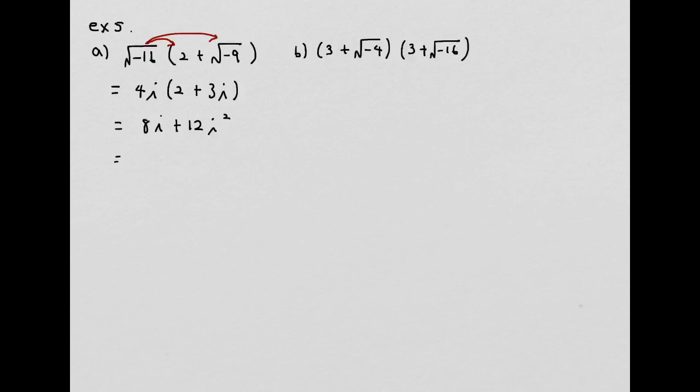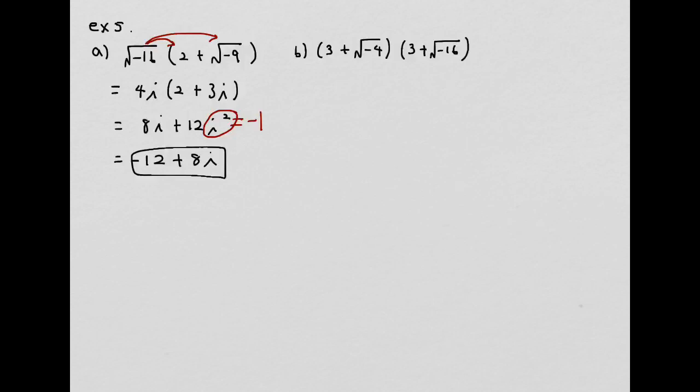The last thing you need to do is make sure to convert i squared back to negative 1. So then you're going to write the number without the term i. So 12 times negative 1 is negative 12. And then plus 8i. Remember, the imaginary unit comes after, right?